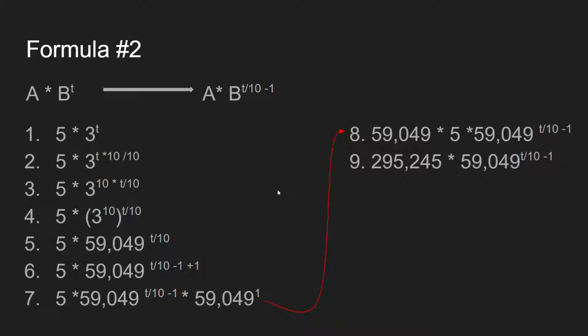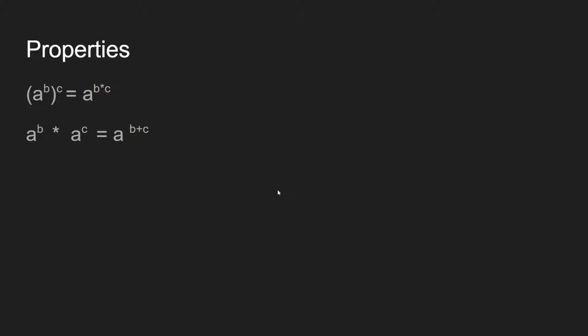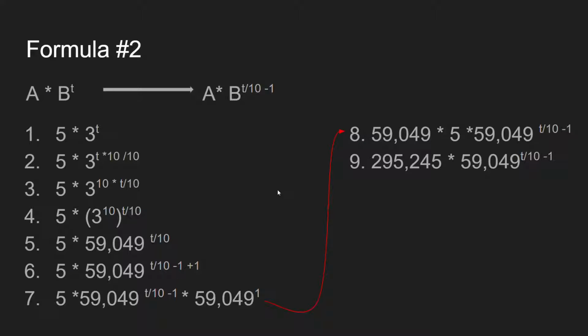Now, how do you get rid of that plus 1? Kind of the same thing we were talking about. A to the power of b times a to the power of c is equal to a to the power of b plus c. So we have 59,049 to the power of t divided by 10 minus 1, which is practically the a to the power of b times 59,049 to the power of 1.